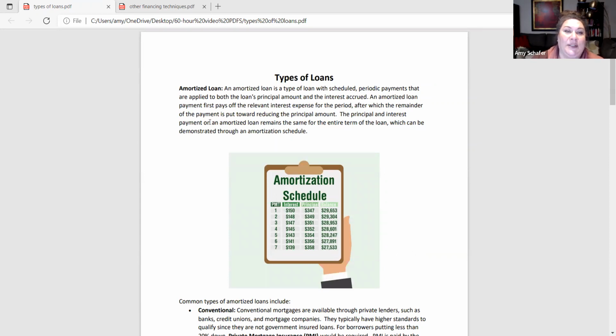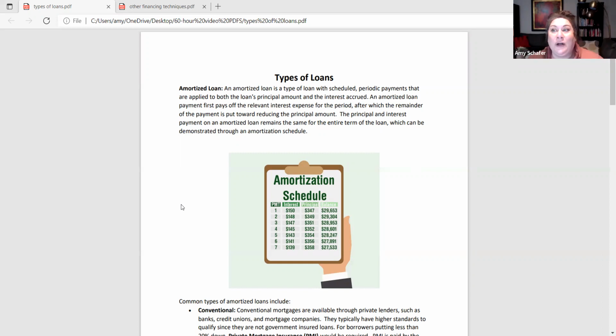An amortized loan means that the principal and interest payment is the exact same for all the payments. So if you've got a 30-year mortgage that is 360 payments, it sounds terrible to say it like that, so I try not to say it very often because it seems overwhelming.